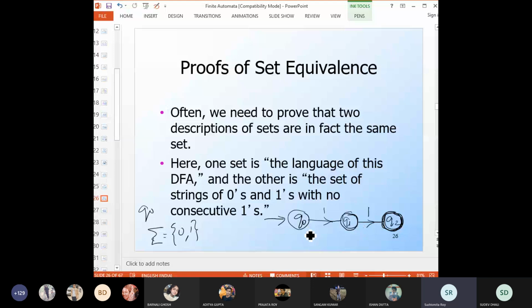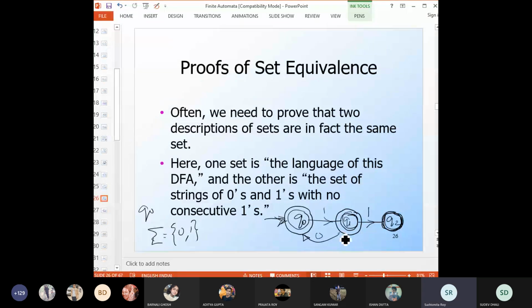Okay, so all those strings which take you to Q2, they should be rejected. All those strings which do not take you to Q2 should be accepted. So that means these are going to be final states, Q0 and Q1. And from Q0, if I see 1, I go to Q1. If I see a 0, I come back to Q0.